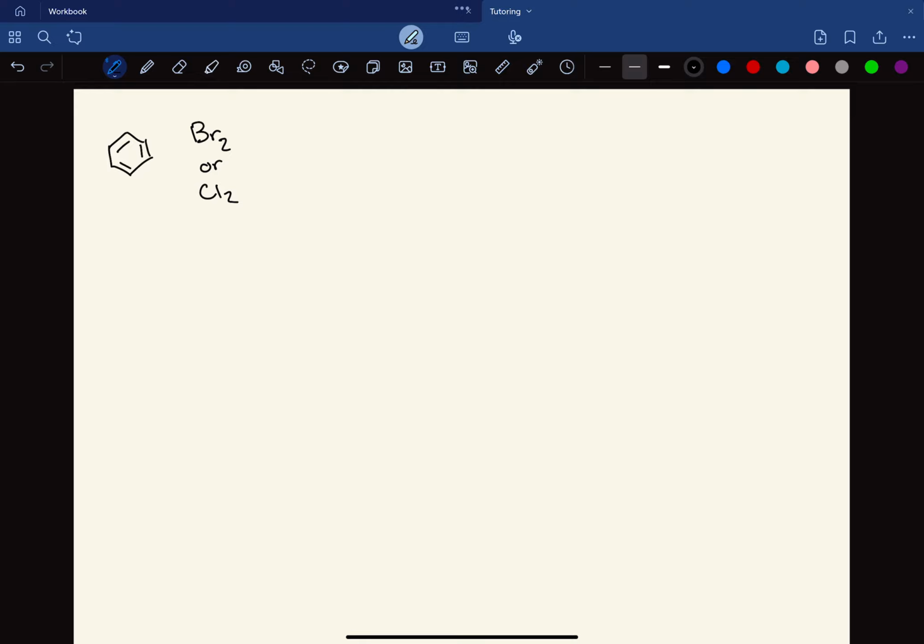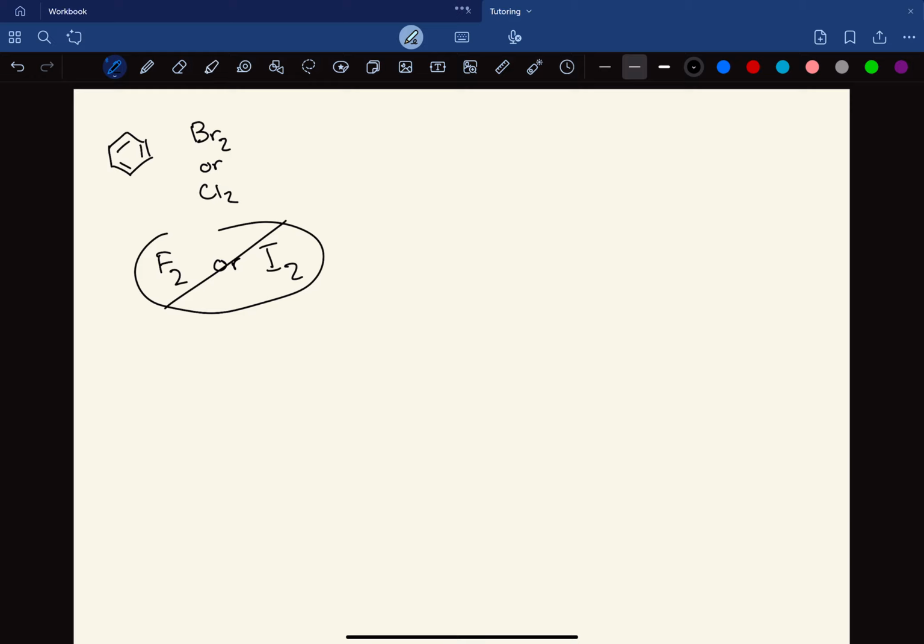The reason it doesn't work with F2 or I2, the reason that these two halogens do not react, is because fluorine is too reactive, it's too unstable, and iodine is too unreactive and would result in low yield of products.